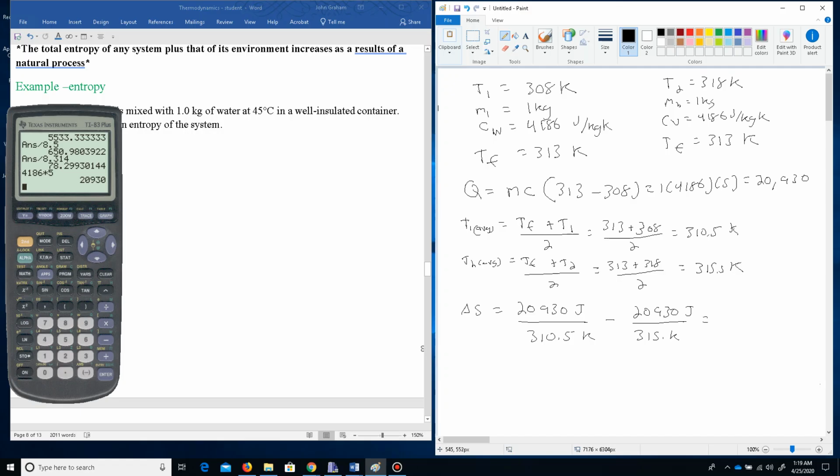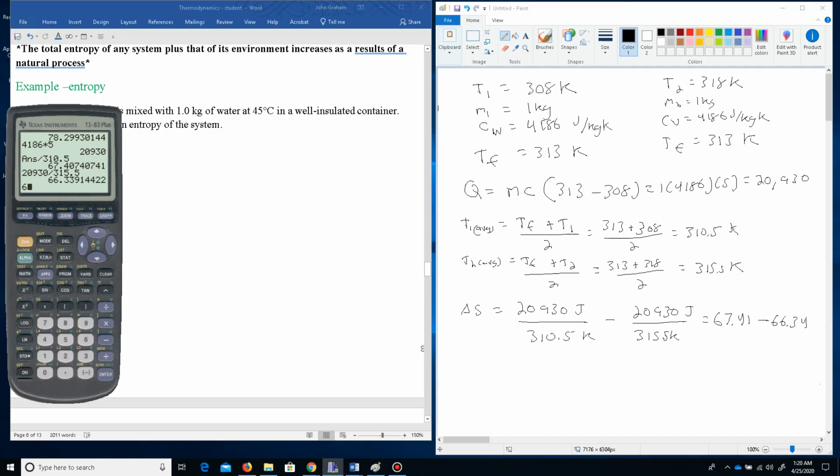To get, let me do the math here, 20,930 divided by 310.5, get 67.41, minus 20,930 divided by 315.5, 66.34.